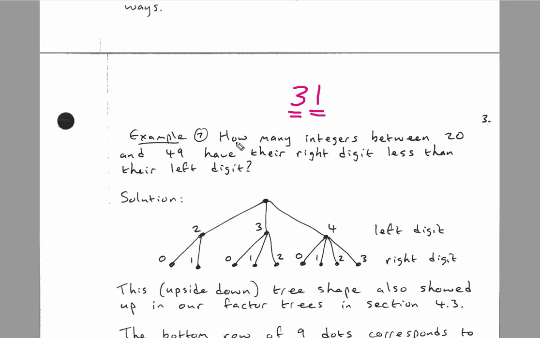We're looking for numbers between 20 and 49. Something like 27 is no good, the right digit is more than the left digit. Even 22 is no good. We want it to be less than.